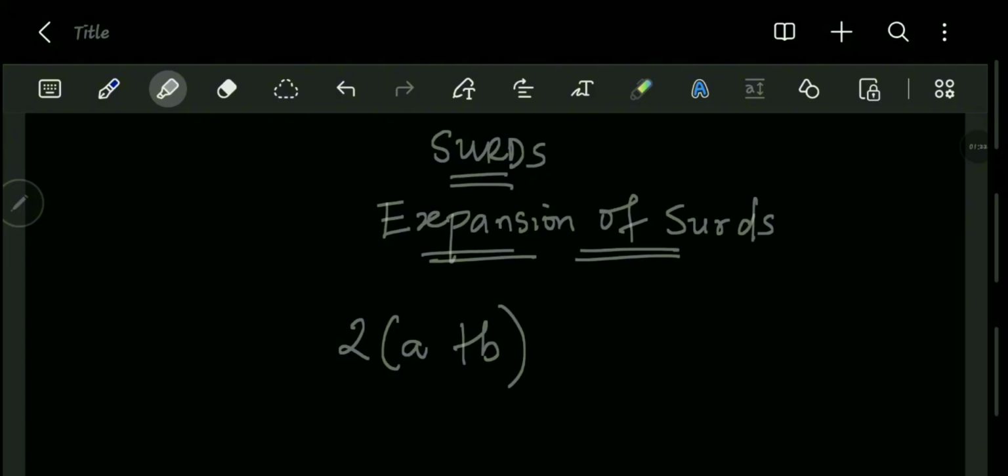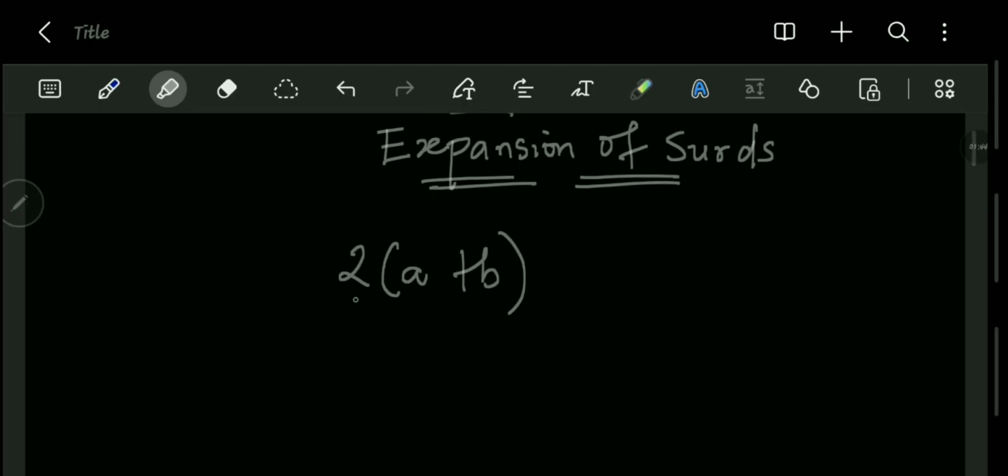Whenever you are expanding a bracket, use whatever is closest to the bracket, whether it's a number, a sign, or a letter. So far as that thing is close to the bracket, we are to use it to expand the bracket.